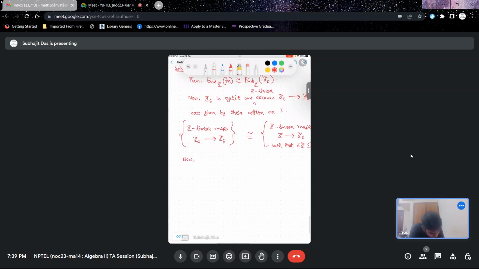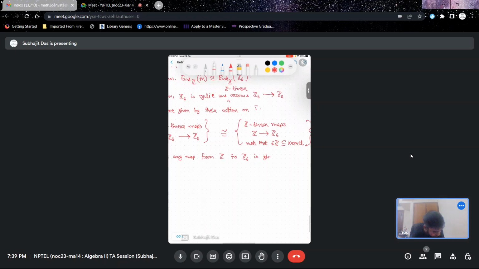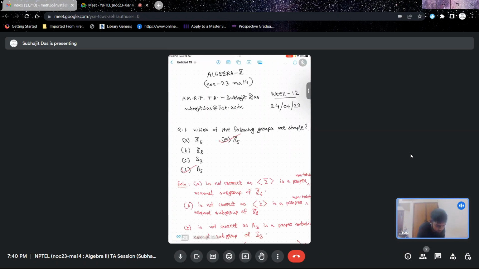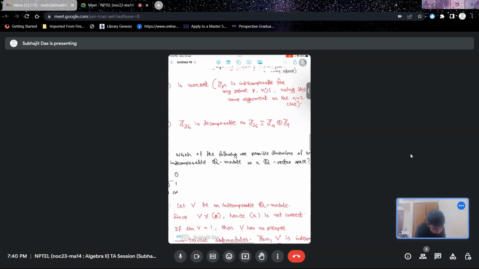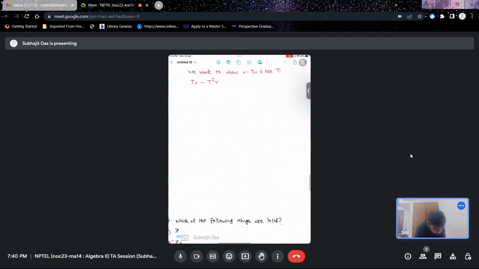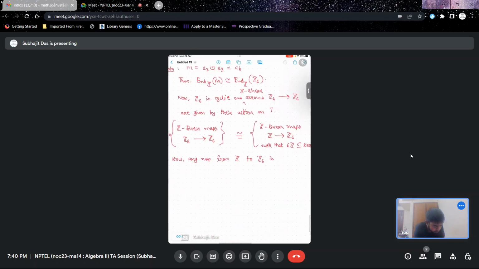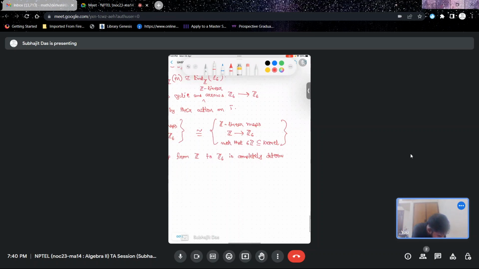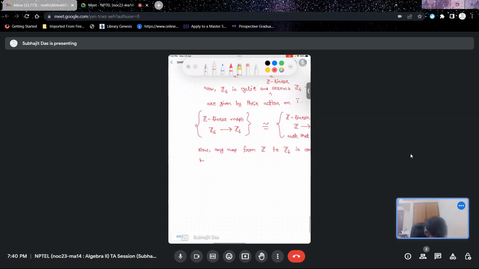Now any map from Z to Z6 is completely determined by its action on 1, as Z is a free Z module, right?